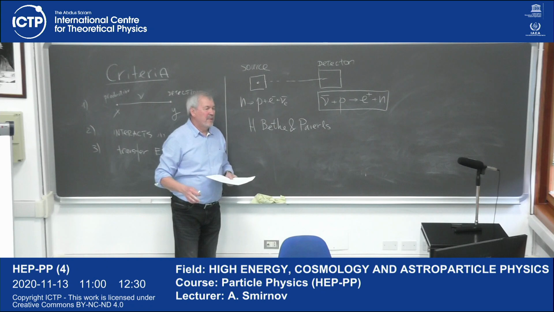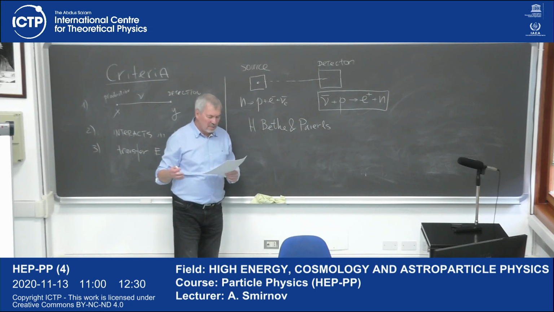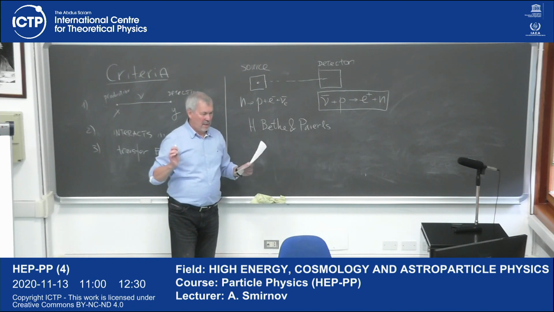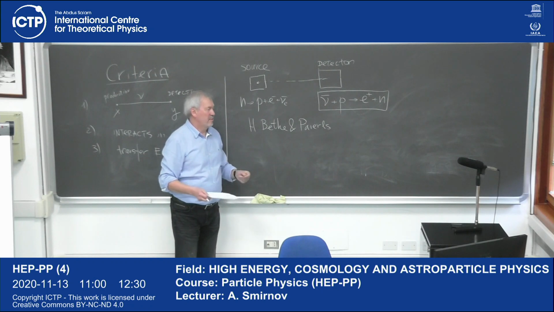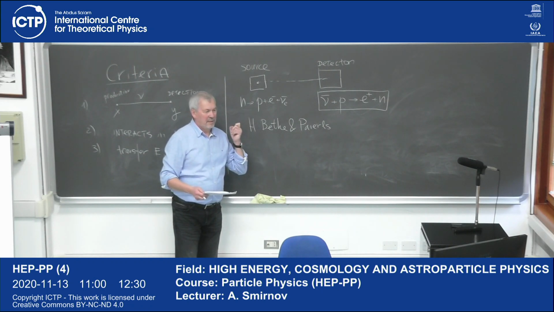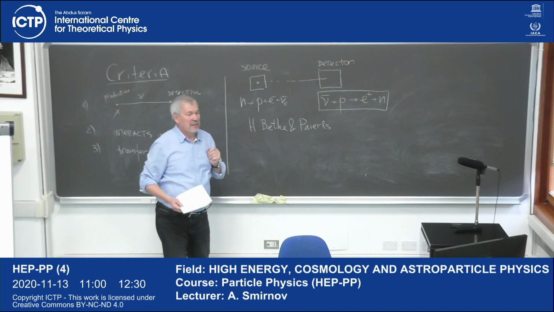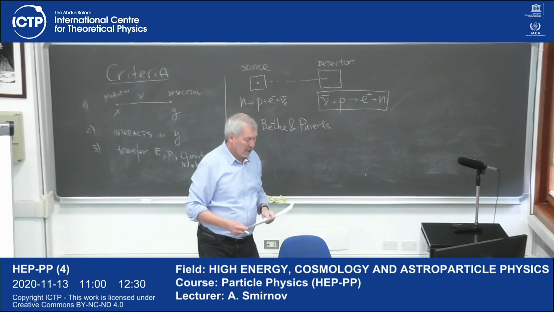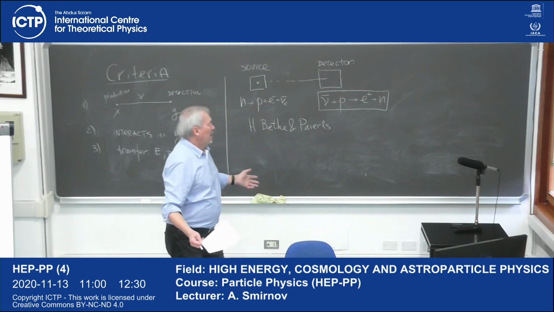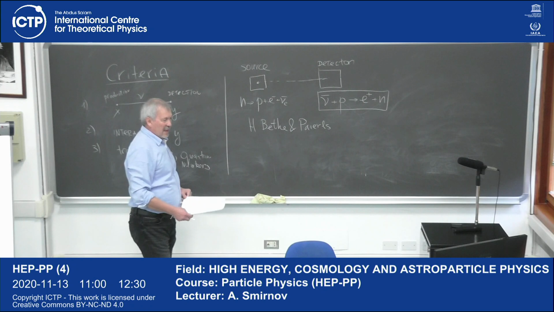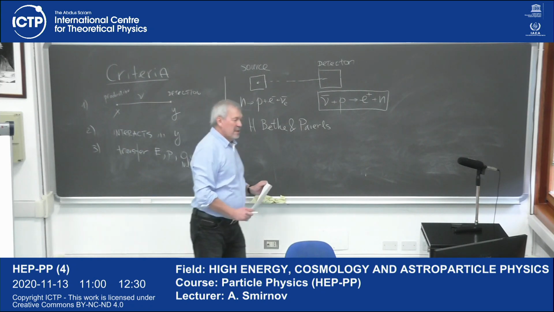They found that the probability is so small that you need an astronomical layer of water to have interaction of the order of 1. So the probability of interaction is of the order of 1 for neutrinos of these energies if you have a layer of water of the size of 1 astronomical unit. By that time the conclusion was that probably neutrinos would never be discovered. So keep this lesson in mind.